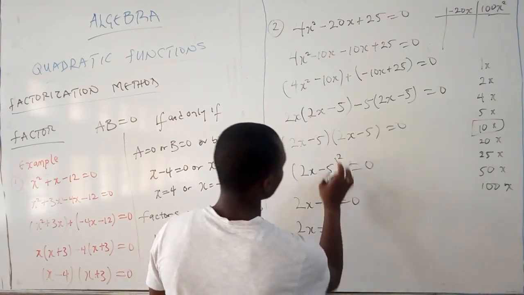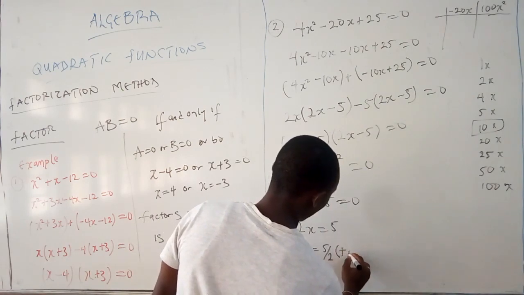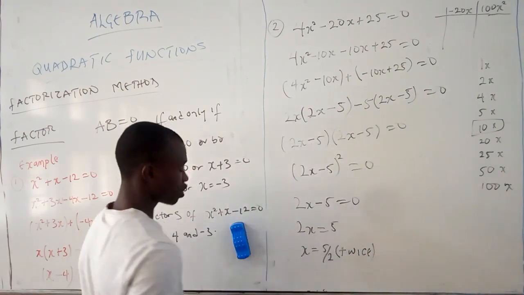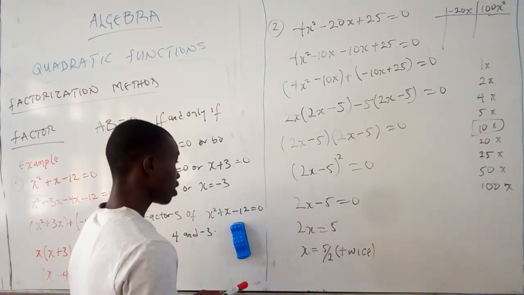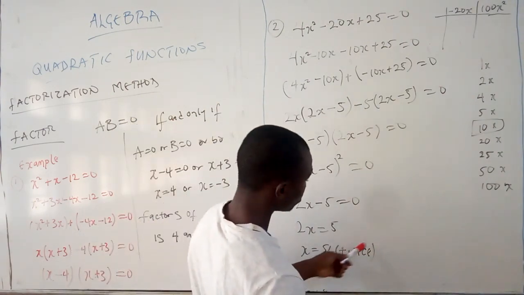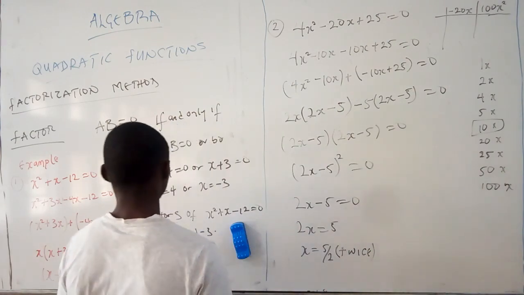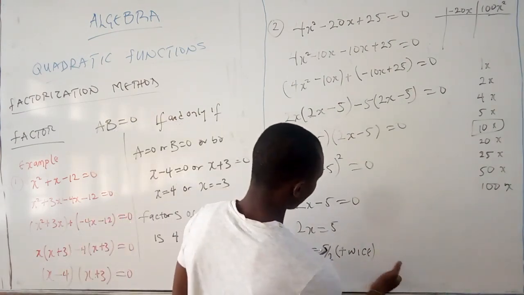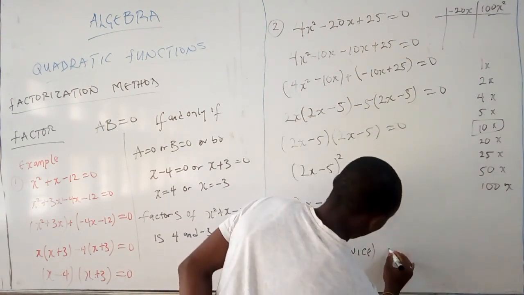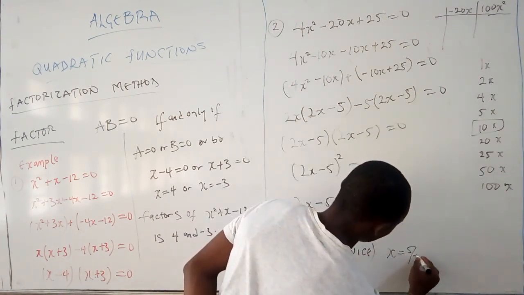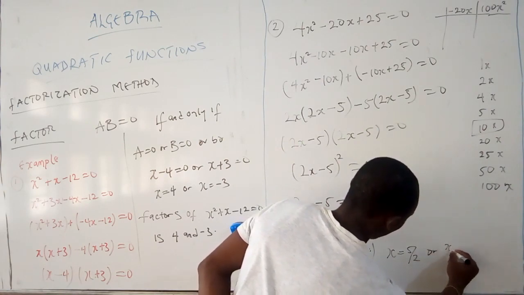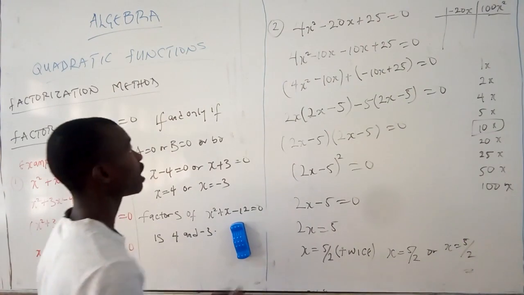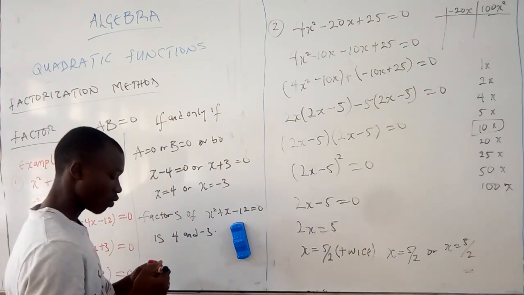Now, because of this square sign here, you have one factor, 5 over 2. So that means 5 over 2 appeared twice as the root of the equation. So x is equal to 5 by 2, or x is equal to 5 by 2. So these are the factors of this equation.